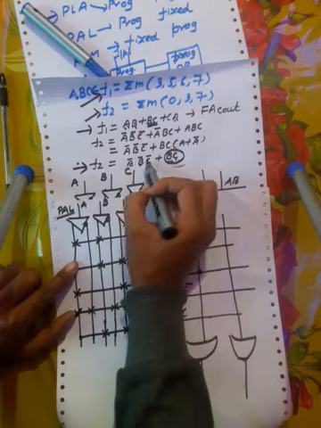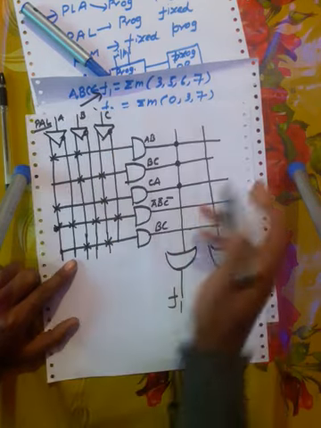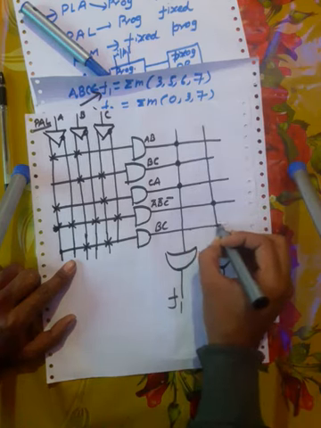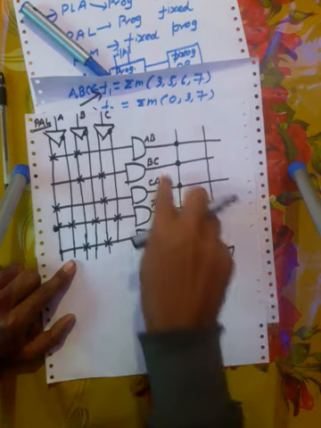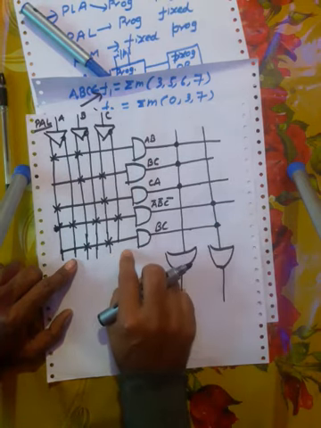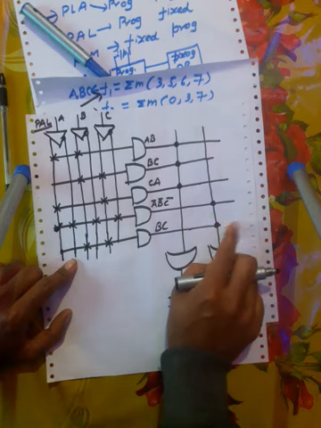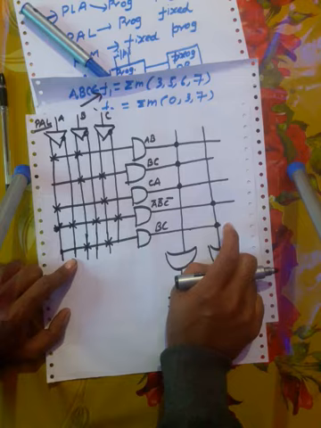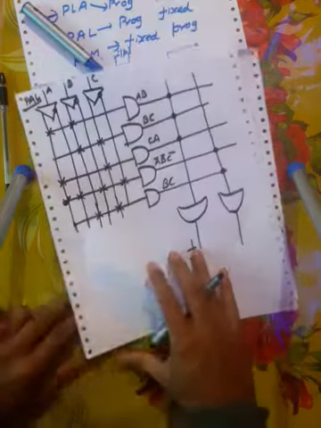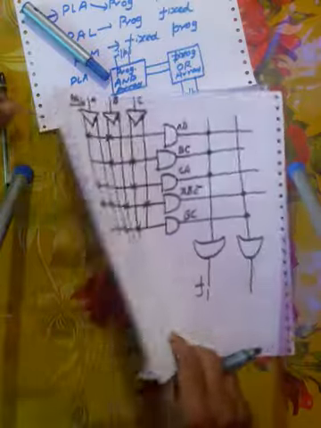A bar B bar C bar plus BC. I am not using this BC here; I am making a separate AND gate for this because it is fixed. This is the implementation by using PAL, programmable array logic.